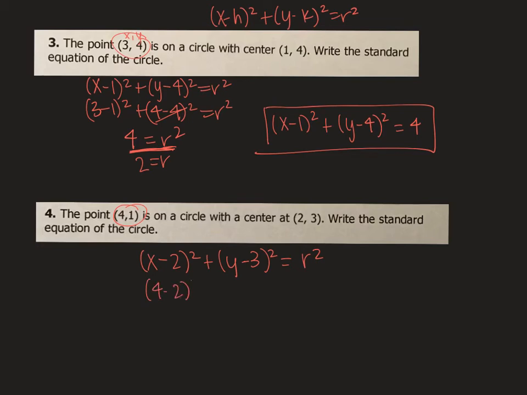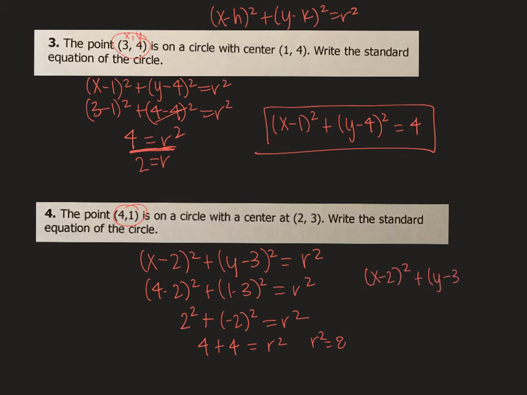So (4 minus 2) squared plus (1 minus 3) squared equals r squared. 4 minus 2 is 2 squared. 1 minus 3 is negative 2 squared. 2 squared is 4, negative 2 squared is 4. So we're going to have an r squared value of 8. So we're just going to write that final equation for our circle: (x minus 2) squared plus (y minus 3) squared equals 8.